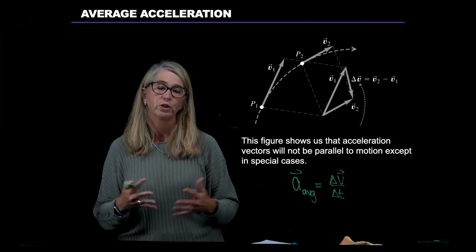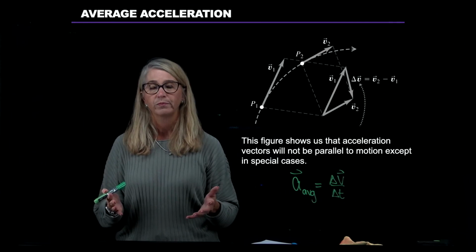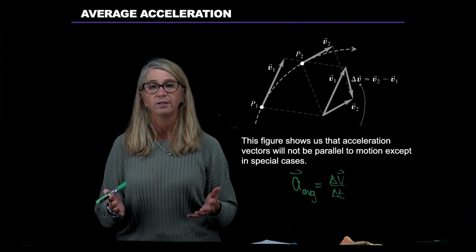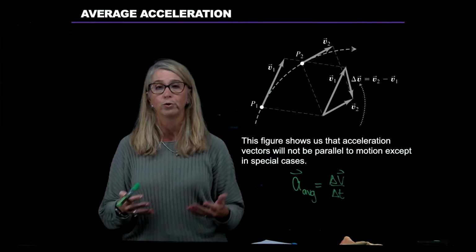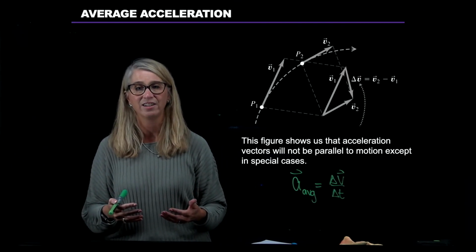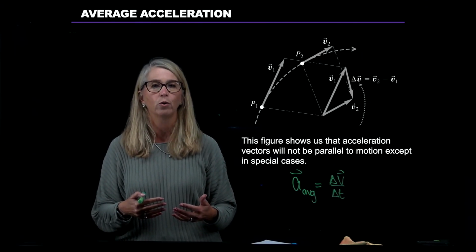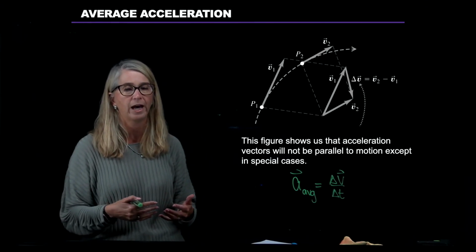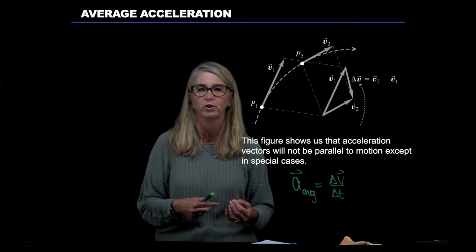So it's just important to note that while the instantaneous velocity is tangent to the path, the average acceleration, and it will also turn out the instantaneous acceleration, do not have to have some particular orientation relative to the path. They would only be tangent to the path in a very special situation.